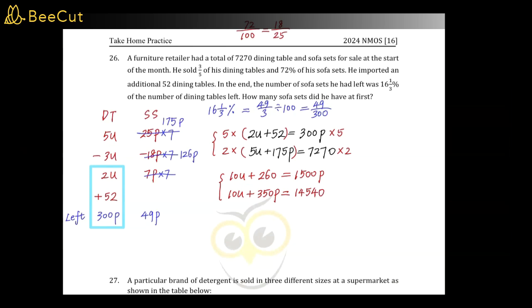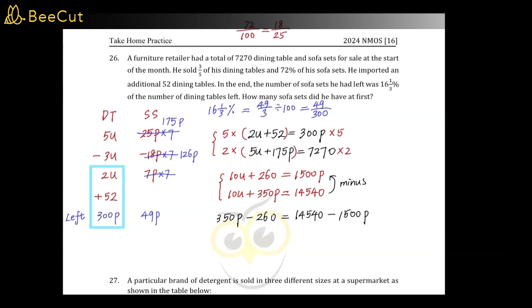Right, so now we look for the difference. Let's say we take the second equation minus the first equation. So on the left-hand side, 10U cancel each other. We have 350p minus 260 equals 14540 minus 1500p.